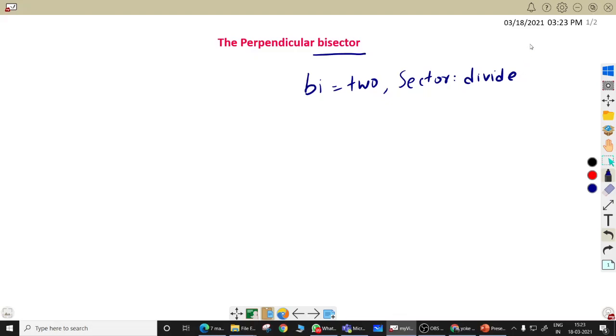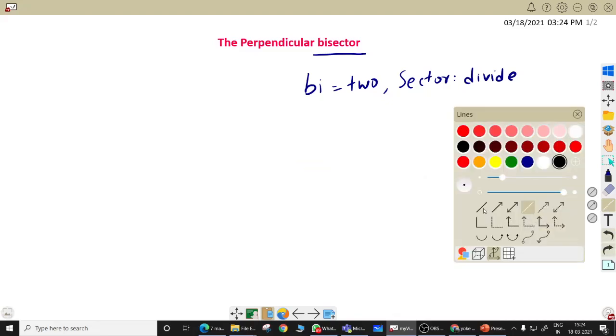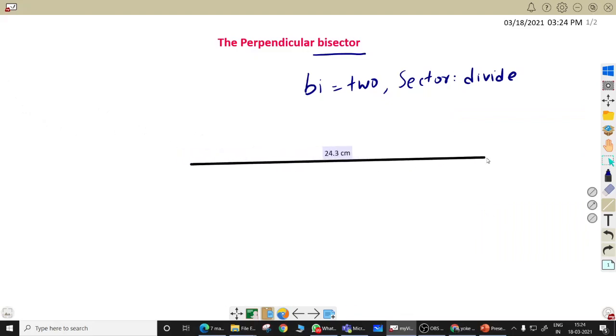Suppose I simply draw a line segment over here. See, this is a line segment, and I make it 25 centimeter. Suppose I wish to make a perpendicular bisector to it.